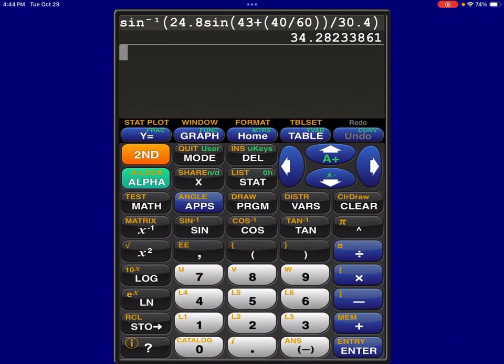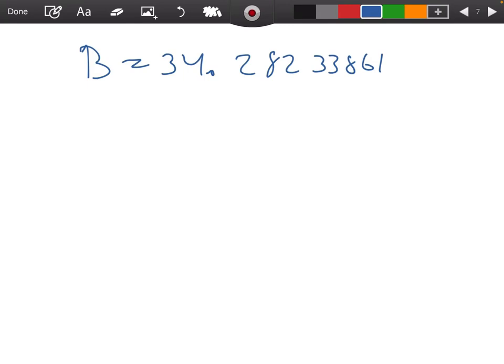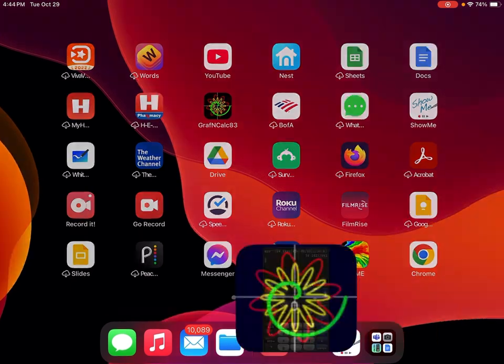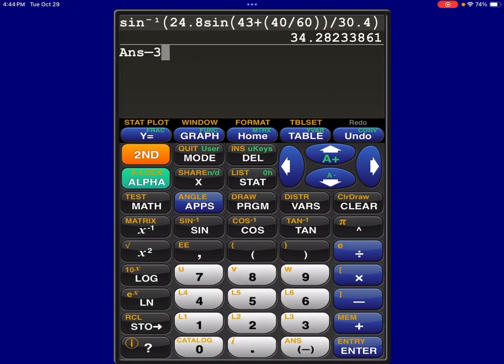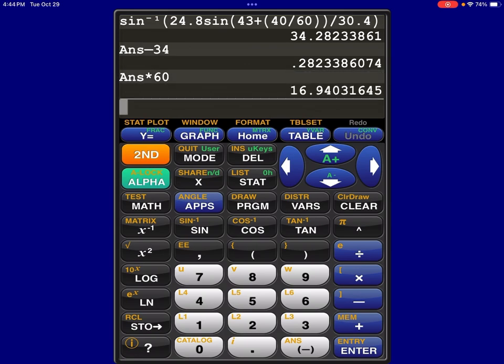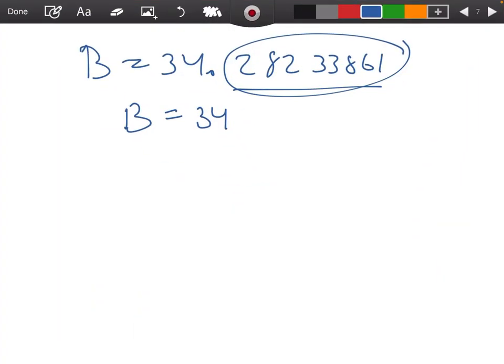Okay, so if we have that, let's convert this to degrees and minutes. This is going to be 34, and we need to multiply the decimal part by 60. So let me subtract 34 and multiply that by 60, and I'm coming up with about 17. So 34 degrees, 17 minutes.